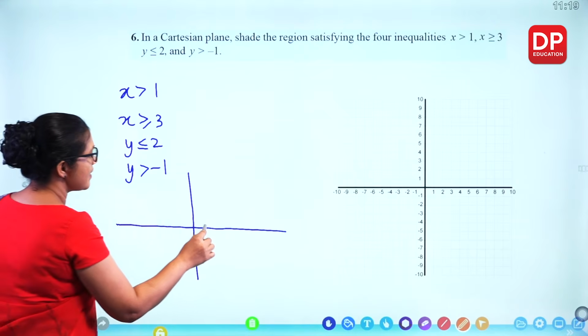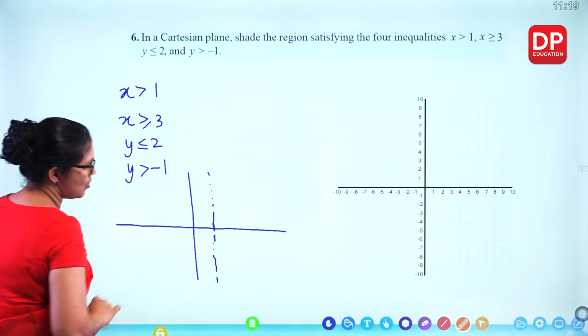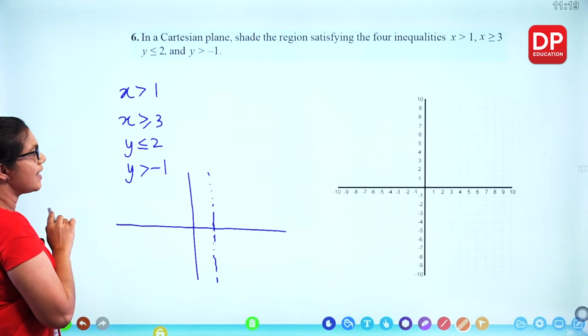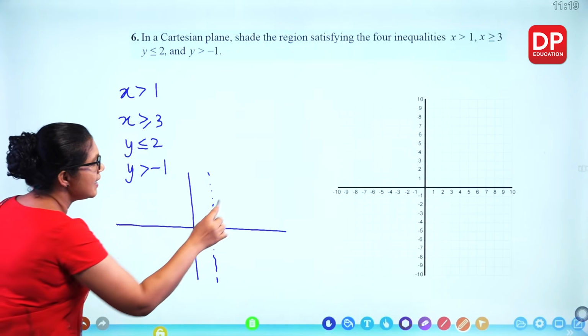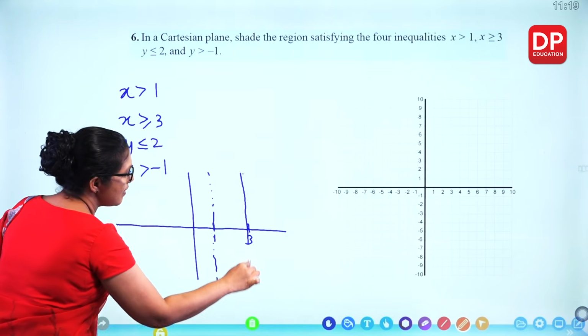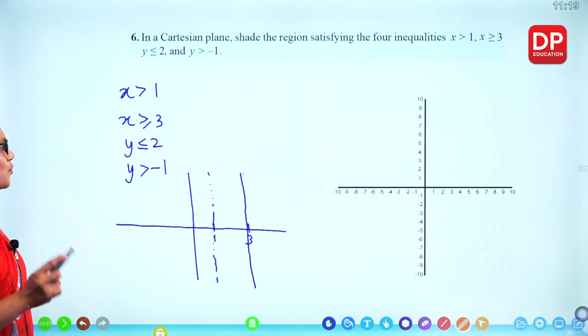So here x equals 1 with a dashed line. Then the x equals 3 line. That's also a vertical line, so you can draw a continuous line. Why? Because this is equal to 3 as well.